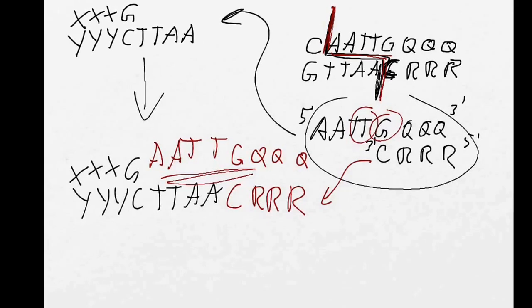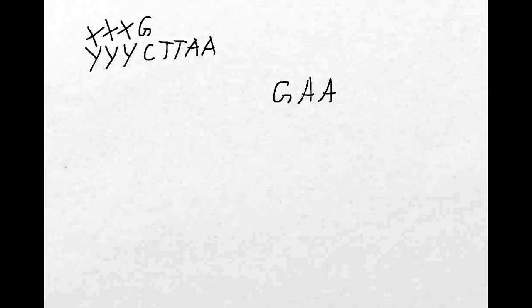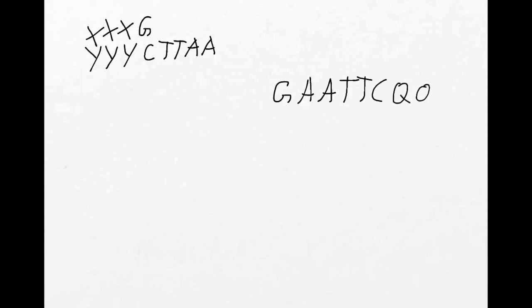Now, let's try what students said about E. So let's go back. We have X, X, X, G, we have Y, Y, Y, C, T, T, A, A. So that was our starting fragment. And now let's see what we get when we have G, A, T, T, C. Here we've got our Q's again.